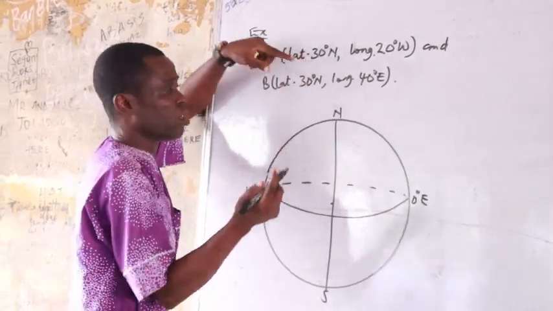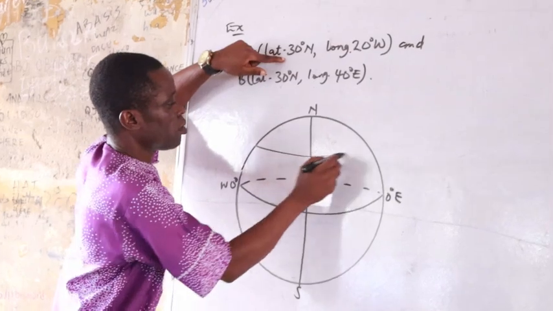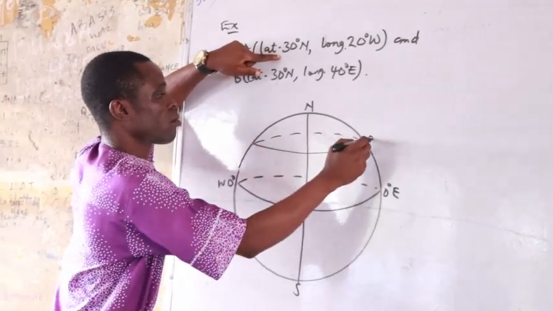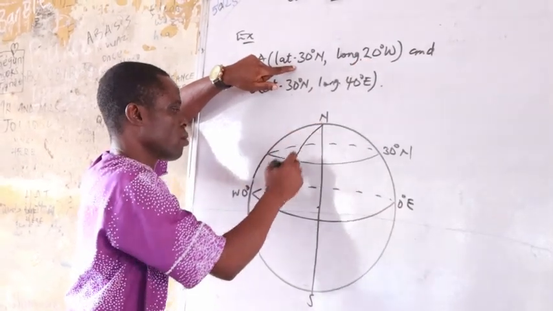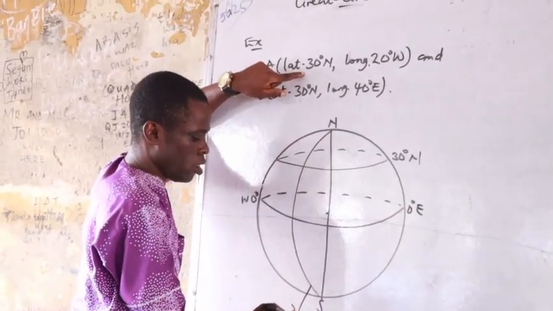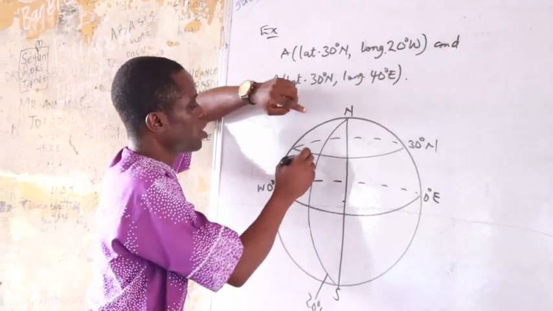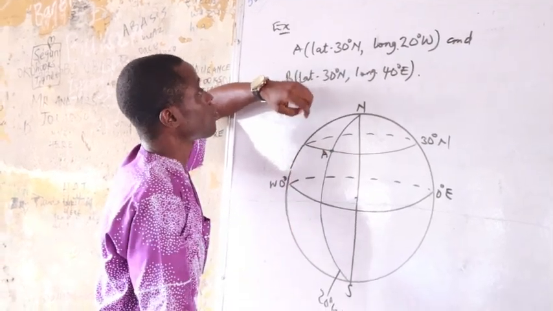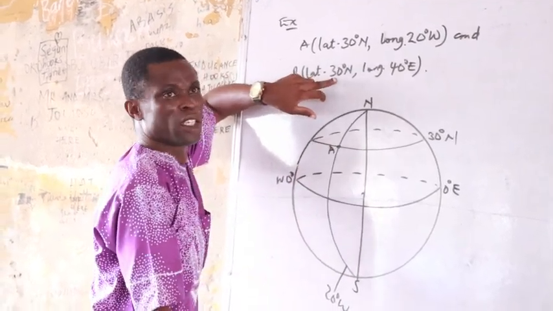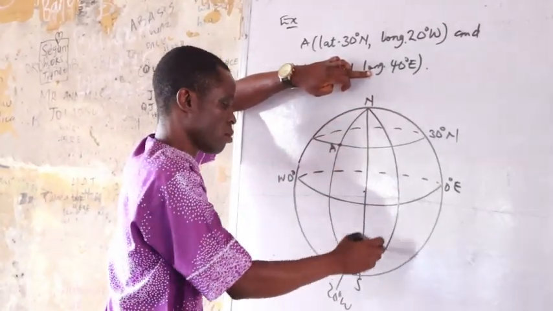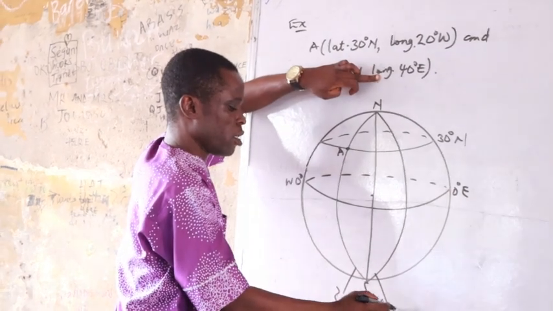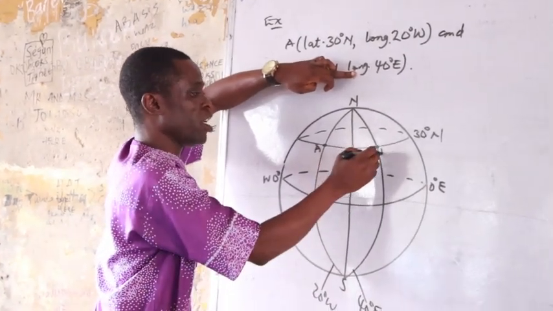Latitude 30 degrees north, 20 degrees west. This is point A. 30 degrees north again, longitude 40 degrees east. We are going to have B here.